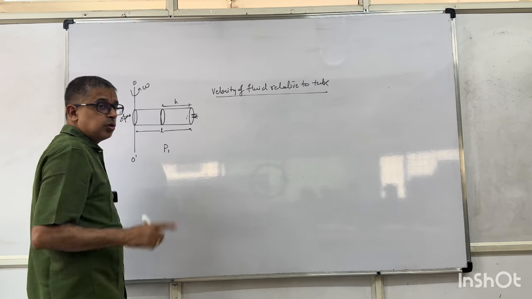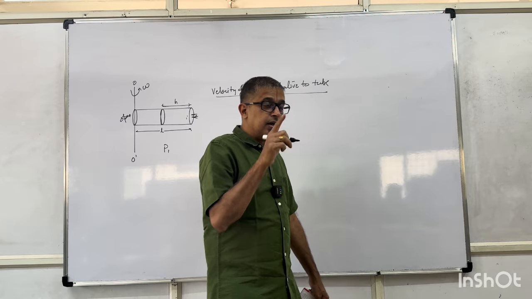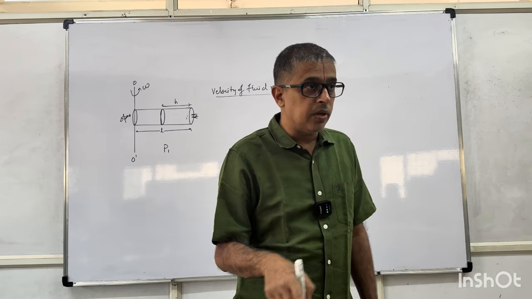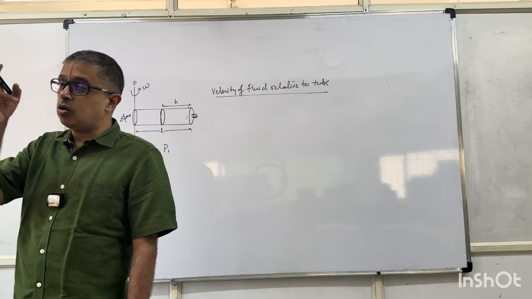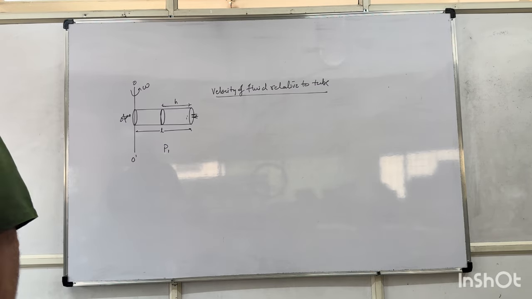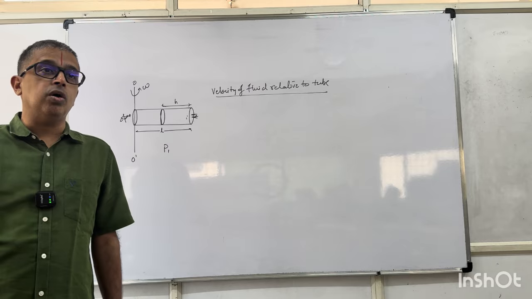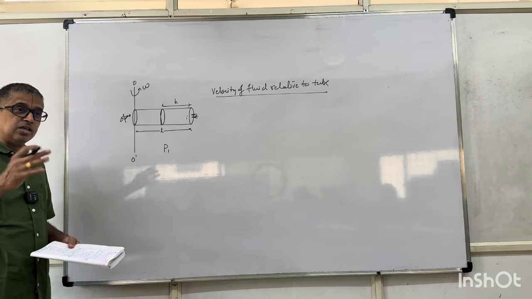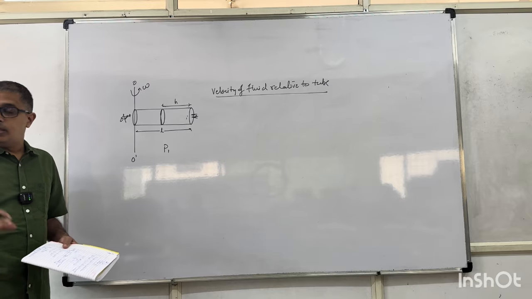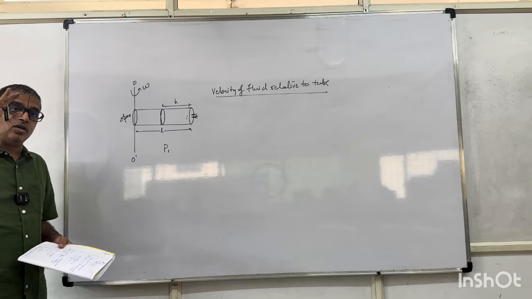Here, relative to the tube, recollect, relative to the tube. Tube may be rotating with certain velocity. You are finding out velocity relative to the tube. Bernoulli's equation will give you velocity with respect to the container. Container is at rest, so we are on the safe side. Even if not, you will get velocity VR.